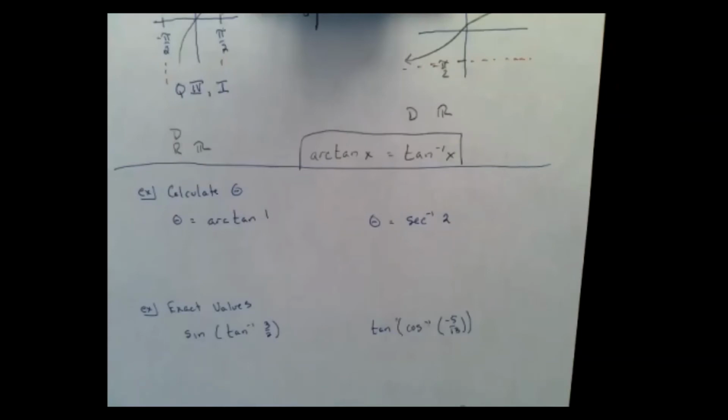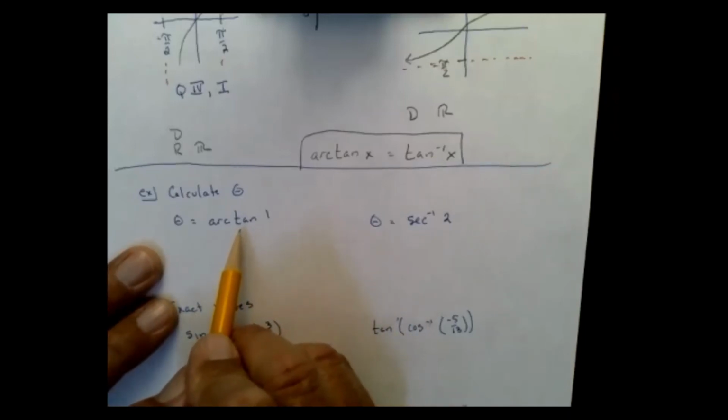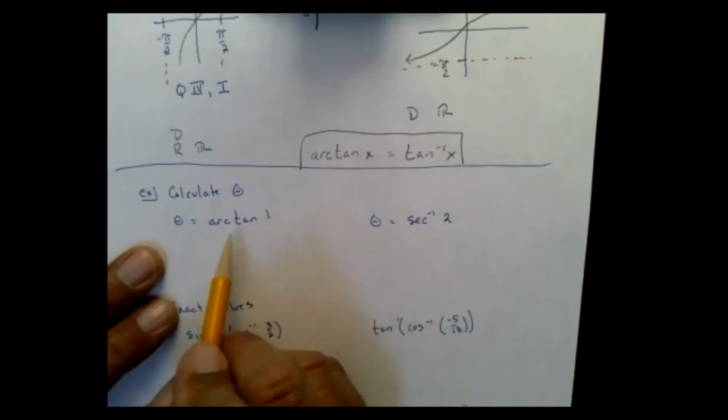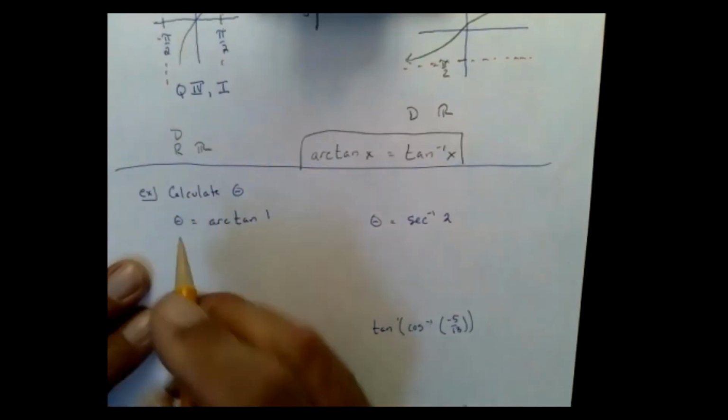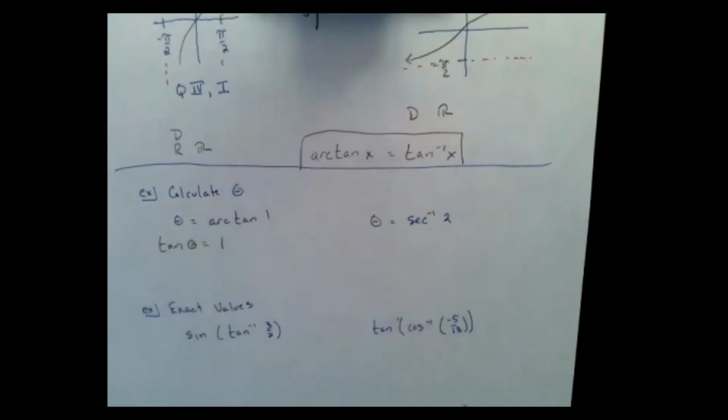All right, I want to solve this, and I'm kind of excited about it. The arctan of 1 is the same as the tangent of theta equals 1.